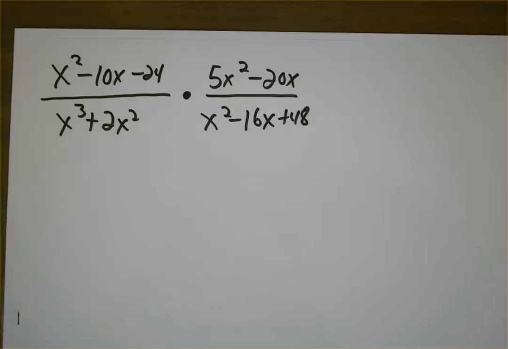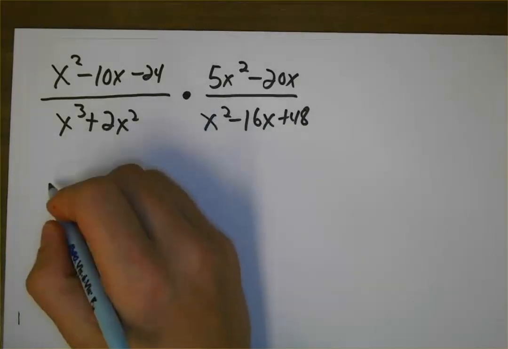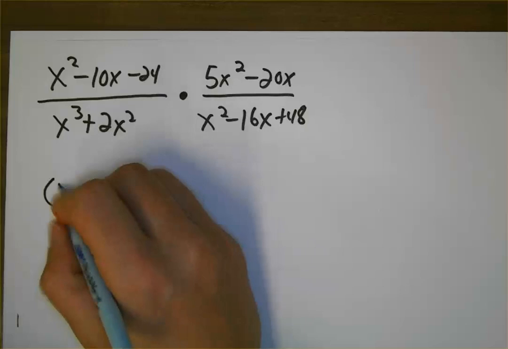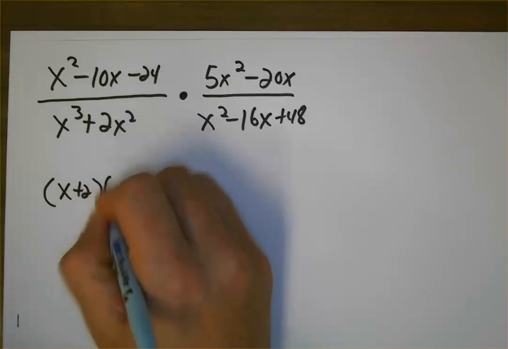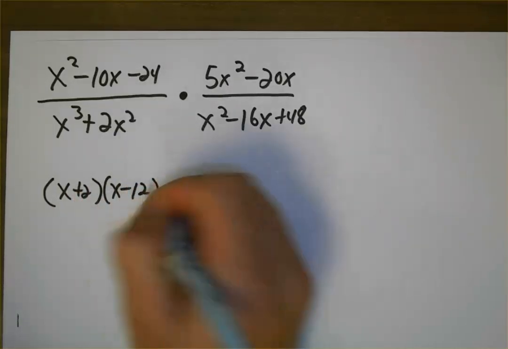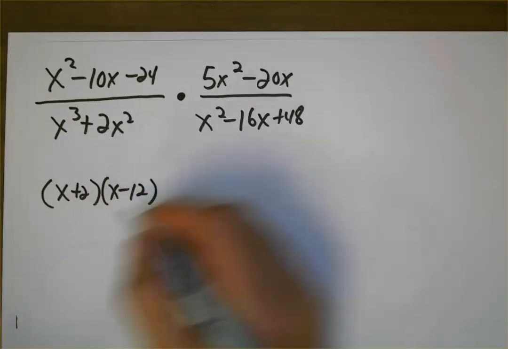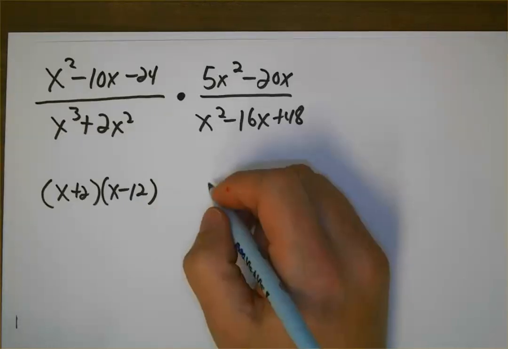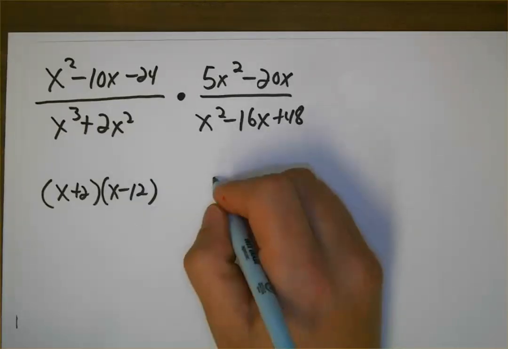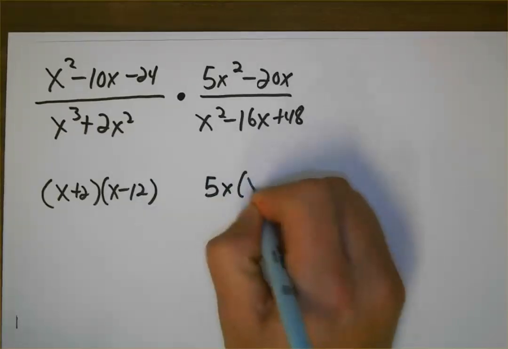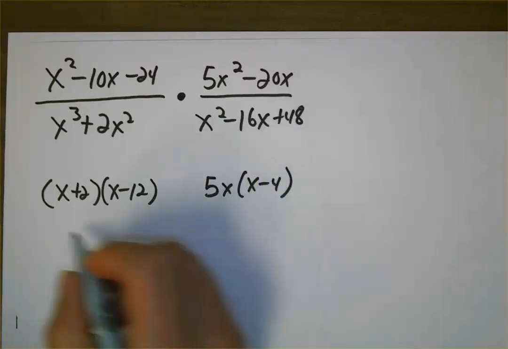If I factor the numerators, x plus 2 times x minus 12, and this is 5x times x minus 4.